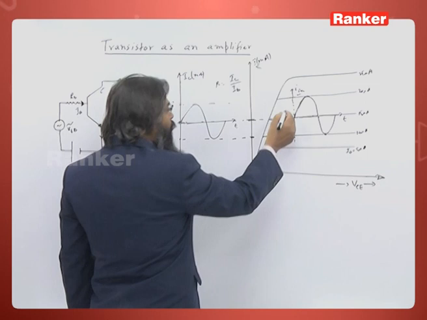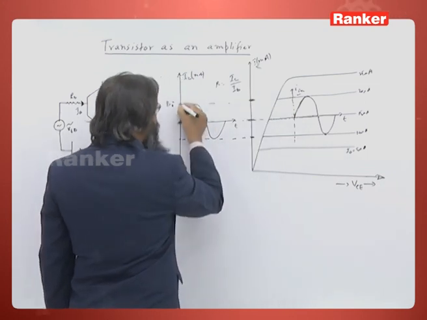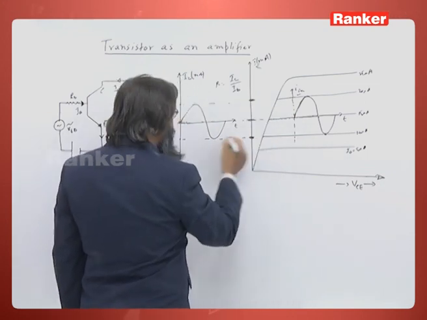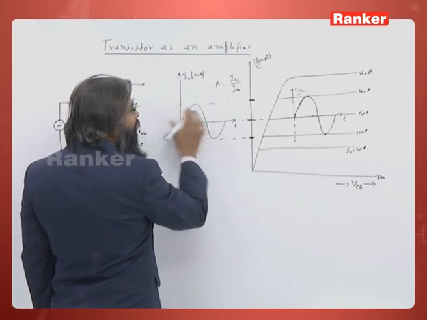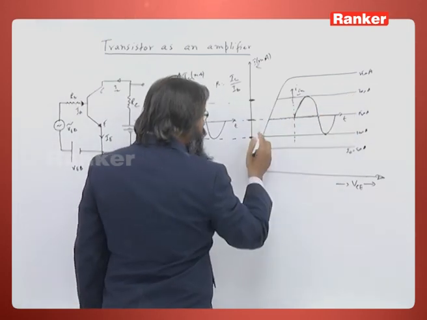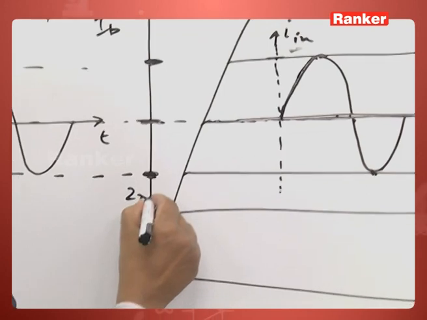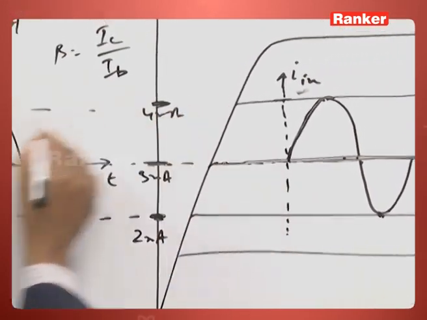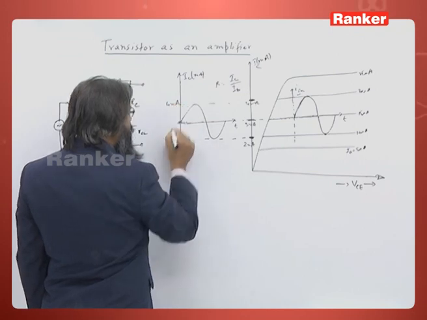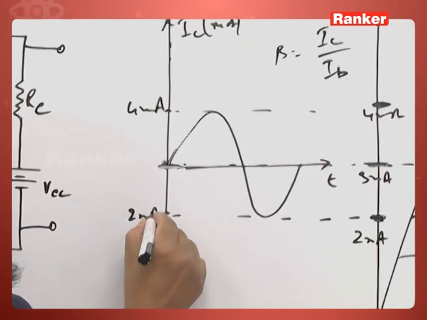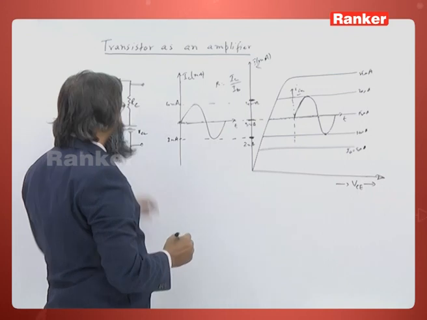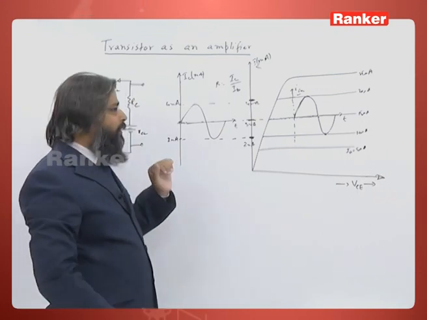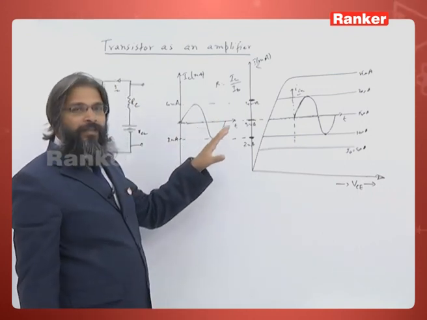Whatever the current here is, it is plotted here, suppose 2 milliamperes, 3 milliamperes and 4 milliamperes. So, from 4 milliamperes to 2 milliamperes, the current comes in the output circuit. In this way, amplification is done.